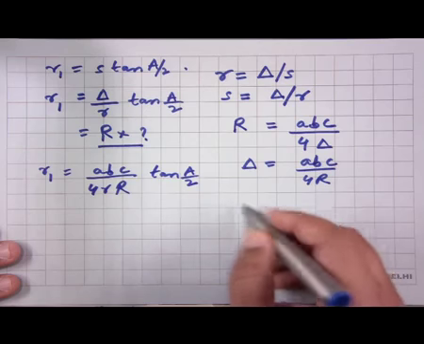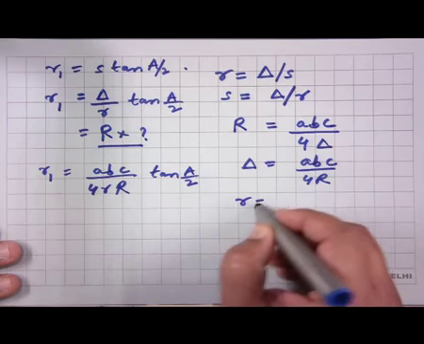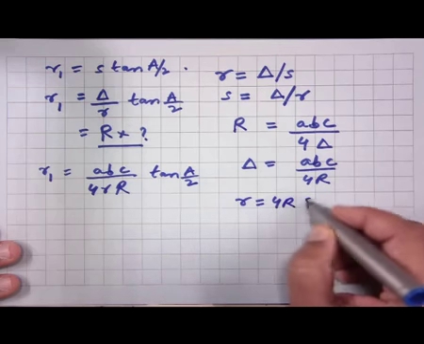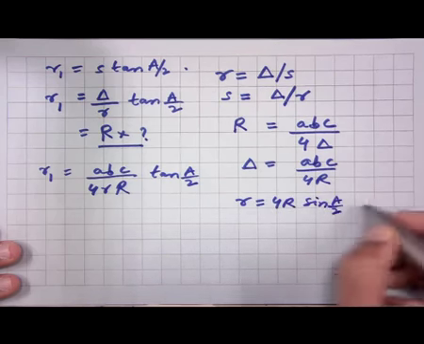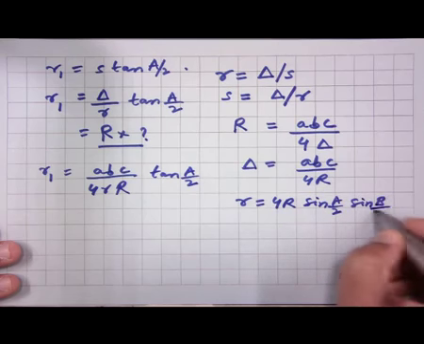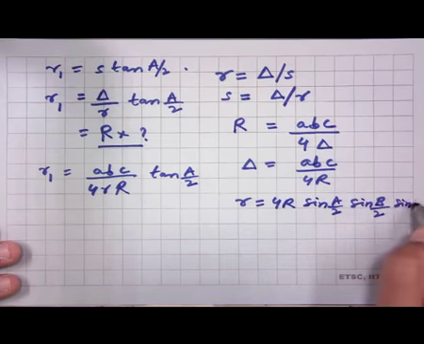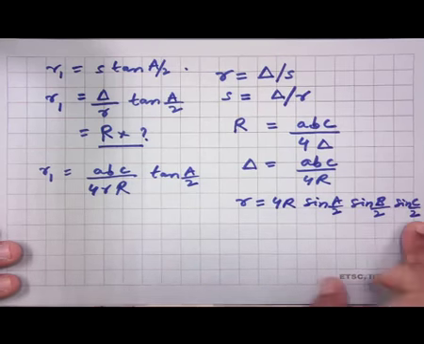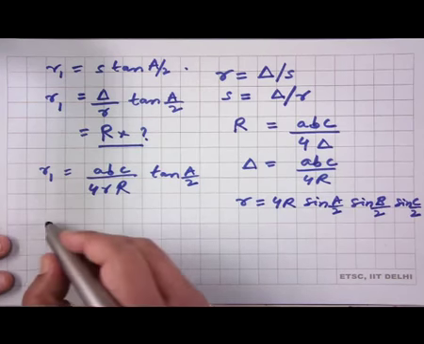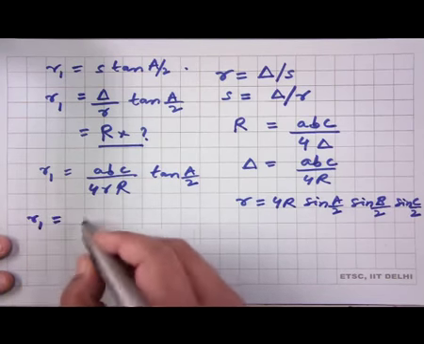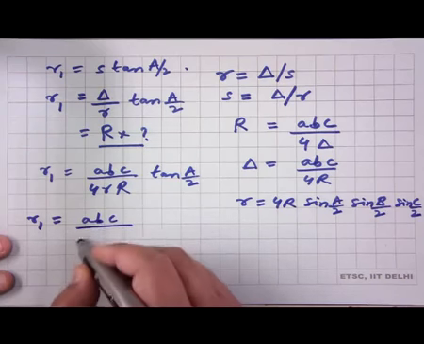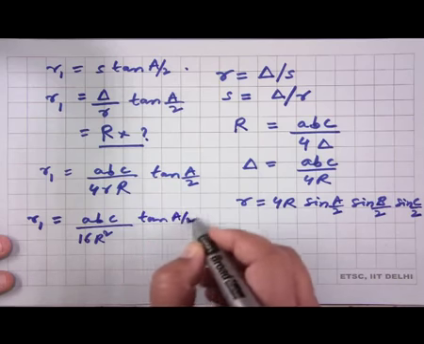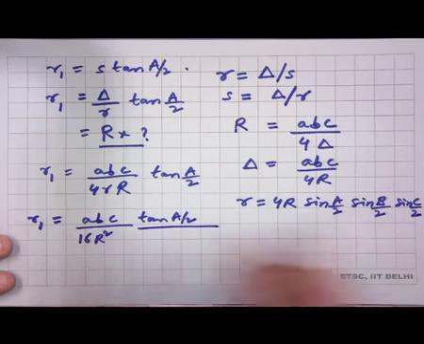And then, as written on the previous slide, the inradius is 4R times sin A/2 sin B/2 sin C/2. If we use this here, we get that R1 equals ABC by 16R square, with tan A/2 in the numerator and this product in the denominator.